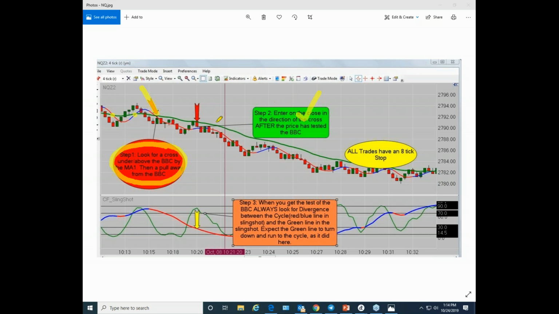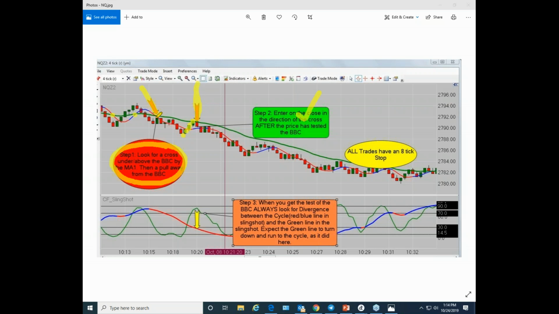After the cross, the normal thing for the market to do is to gravitate or flag toward that green line, the BBC. So we're looking for a touch, as it does here, but then a close in the direction of the trend.